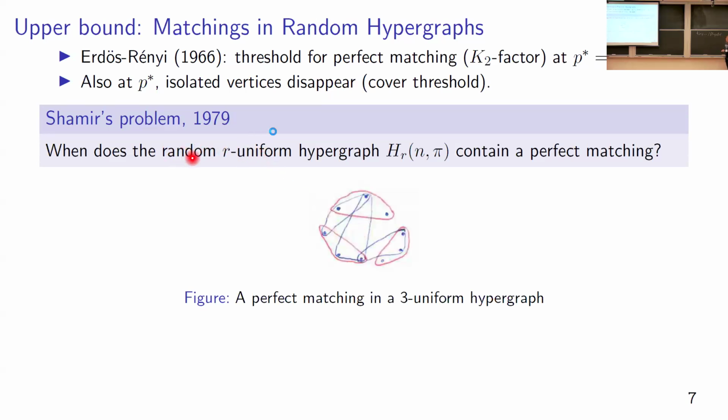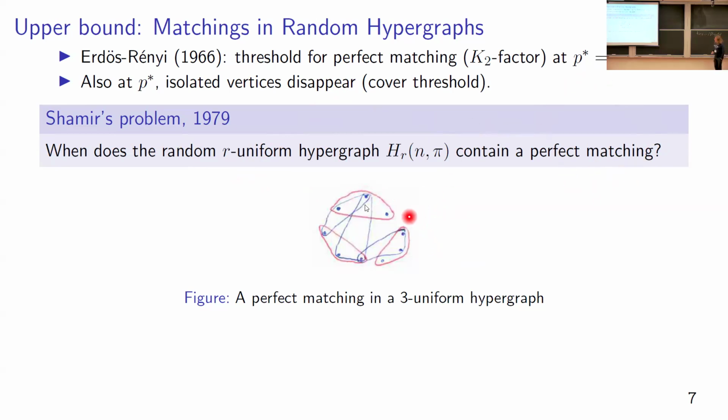So you might generalize this in a different direction, rather than looking at different F factors. You might ask, if I instead look at a random r-uniform hypergraph, meaning your potential edges are all collections of r vertices, and you include them independently with some probability pi, when does this r-uniform hypergraph contain a perfect matching?